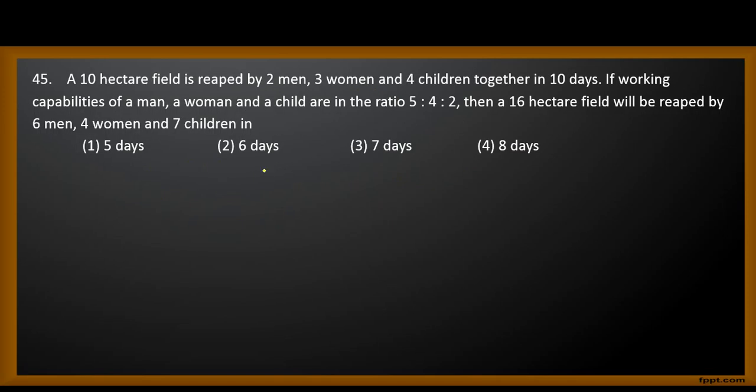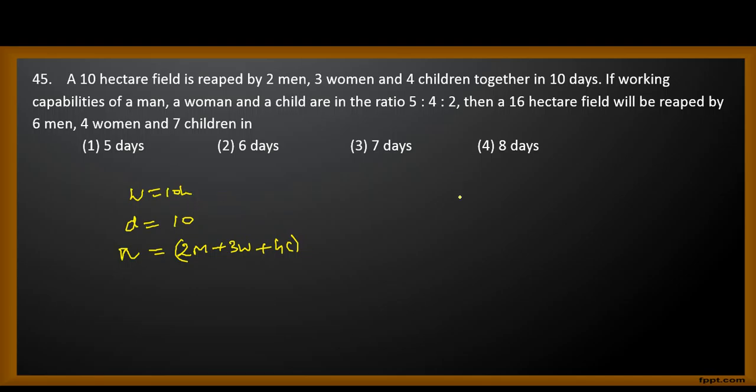Now look at this question. A 10-hectare field is reaped by 2 men, 3 women and 4 children together in 10 days. Here the work is given as 10 hectares. Days is given as 10. Now efficiency is 2 men plus 3 women plus 4 children. With this efficiency, they take 10 days to do field work of 10 hectares.